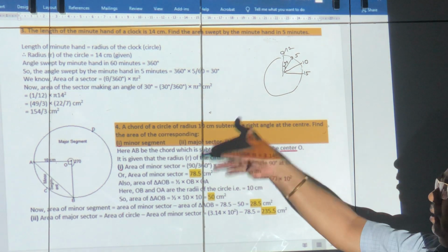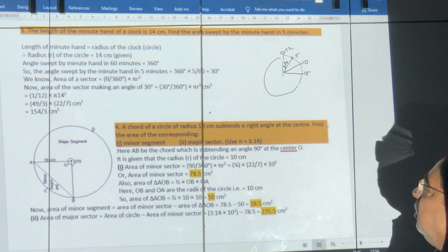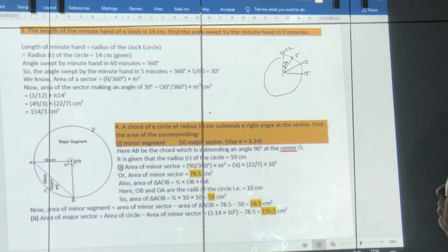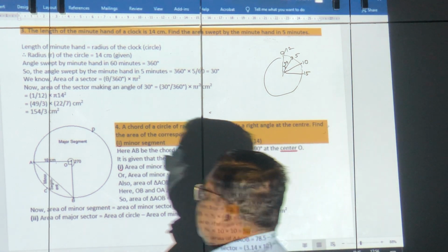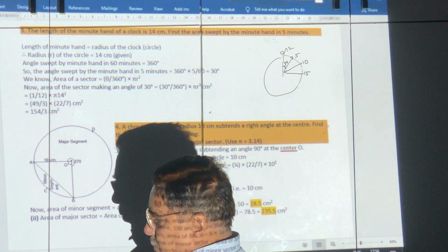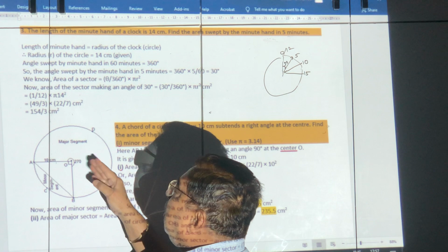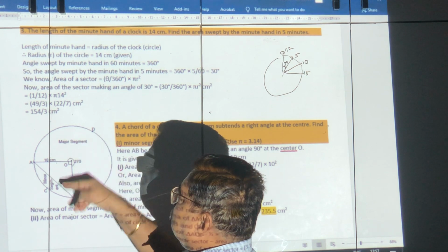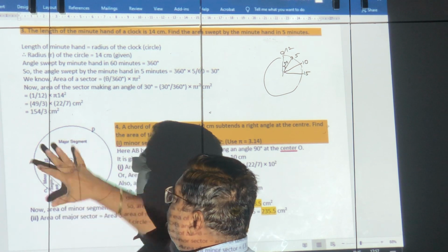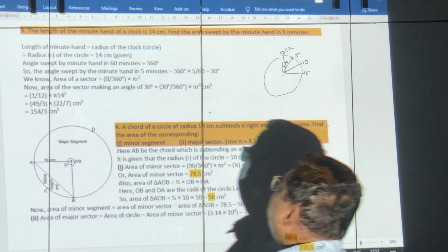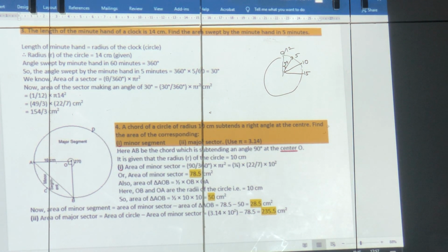You can draw here, there, anywhere. Right angle is required. Find the area of the minor segment. Minor, major. When it is above, now you can see 180 will become half and more than this will become major. So we keep minor is a small, major is a big. We have to find the areas.